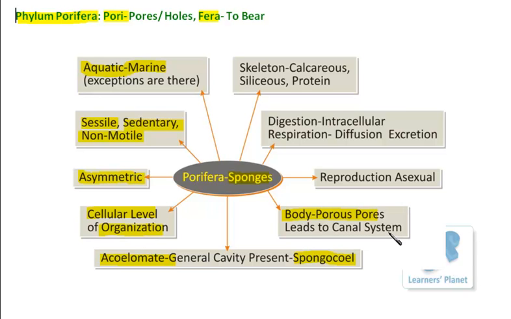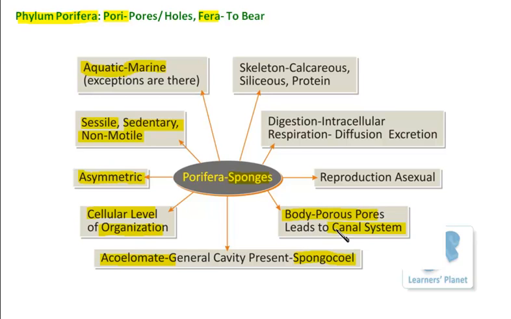These pores lead to the formation of a canal system, and this canal system helps in bringing water inside, right? These organisms are aquatic, isn't it? And when there are pores, definitely they can circulate water in their body.